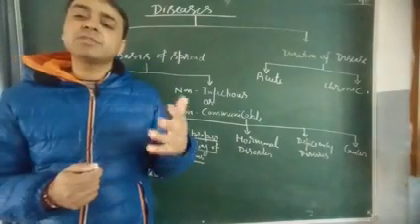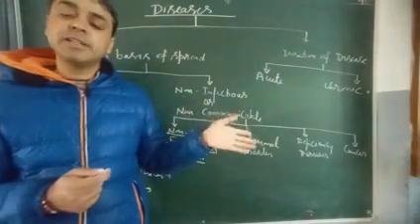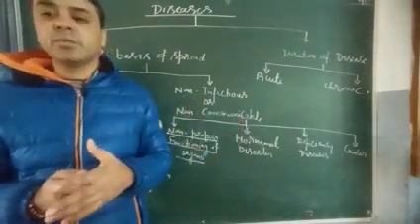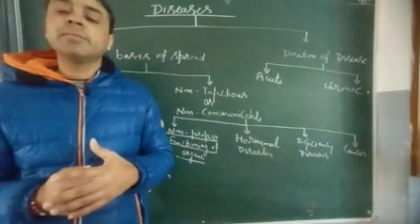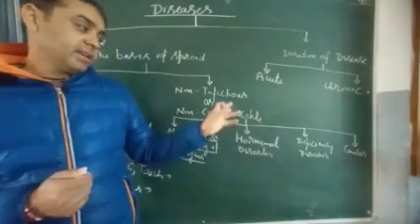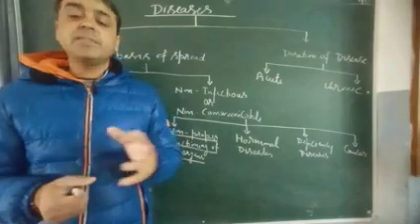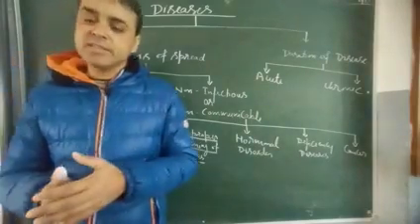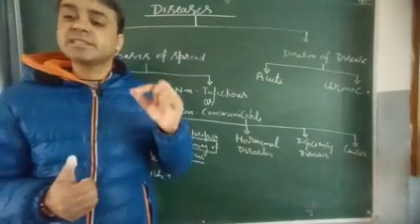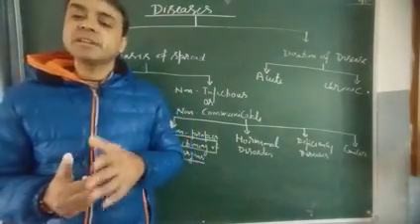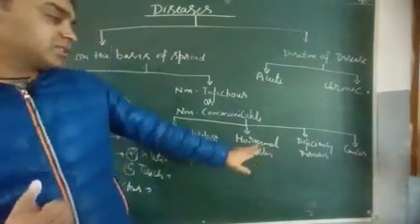If it is not secreted in proper amount, the person suffers from diseases caused by lack of thyroxine, like cretinism or myxedema. Then one more gland is the pancreas. It is also an endocrine gland that secretes the hormone insulin. If it does not secrete insulin in proper amount, then the person suffers from a disease called diabetes. Okay, so this is hormonal disorder.